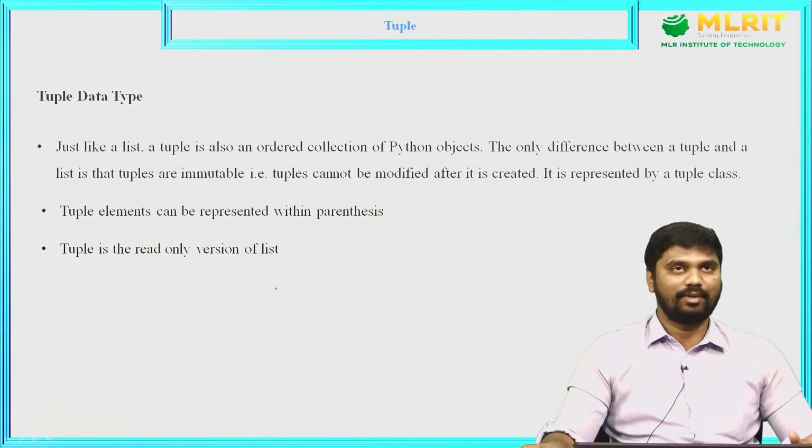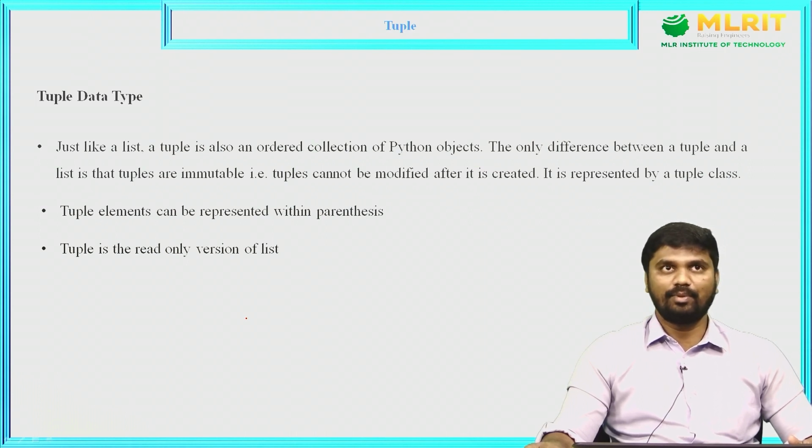Another data type is the tuple data type. Tuple is also similar to the list data type. But the difference between list and tuple is that in a list we can change the values of the object. That means once the list object is created, we can change its values.